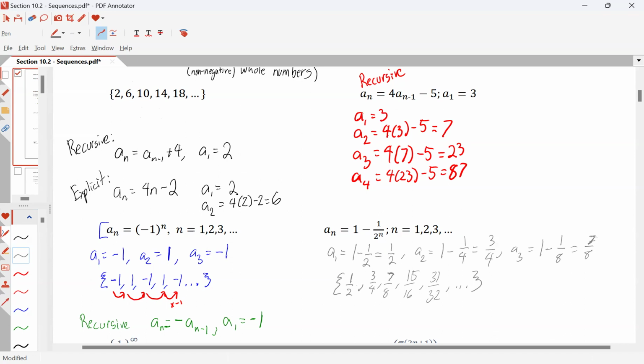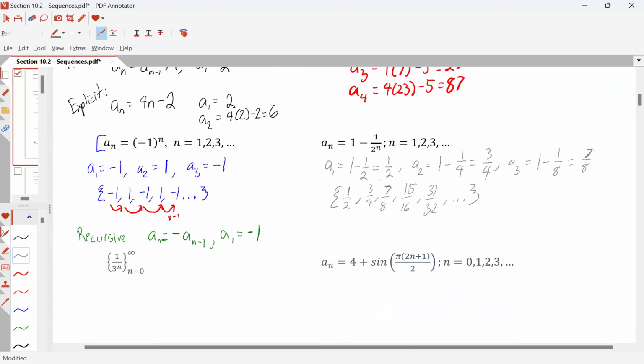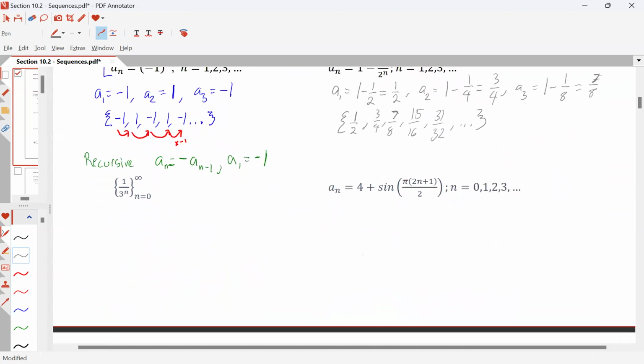So when we start talking about the idea of limits, the limit of this sequence is that it's getting closer and closer to 1. And then the last two examples.